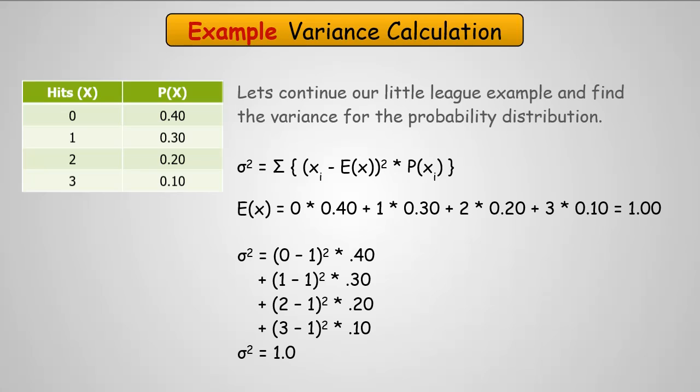The expected value of x is 1. So, to compute the variance, we're going to say 0 minus 1 squared times 0.4 plus 1 minus 1 squared times 0.3 plus 2 minus 1 squared times 0.2 plus 3 minus 1 squared times 0.1. So our variance is going to be equal to 1.